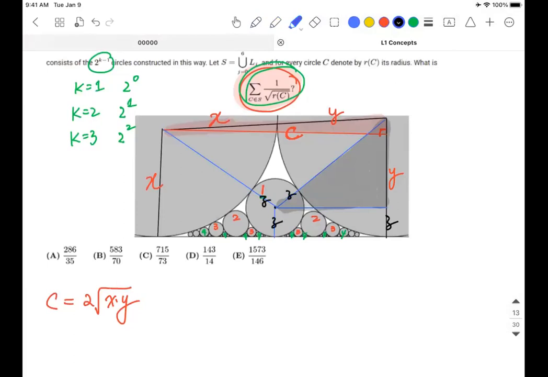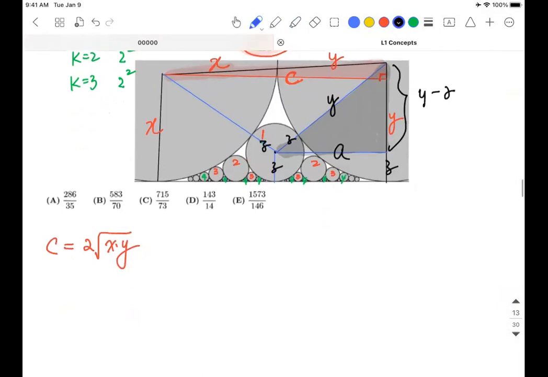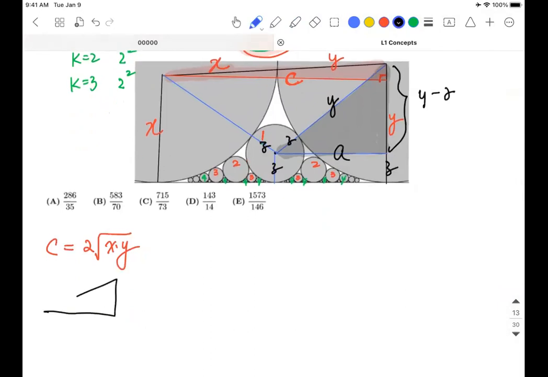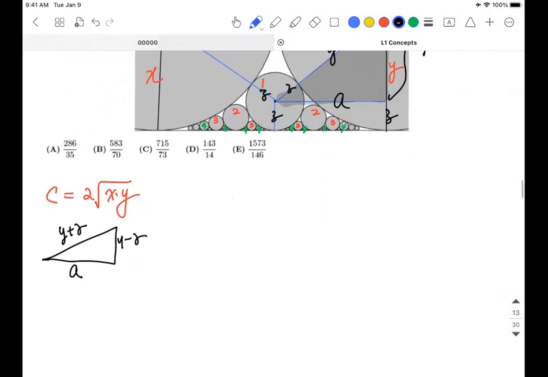In this black triangle, if this is A, this is going to be my Y plus Z, and this is going to be my Y minus Z, right? So in this black triangle, we have A, Y plus Z, Y minus Z. We would be able to use the Pythagorean theorem. Like I said, Pythagorean theorem is all over the place.